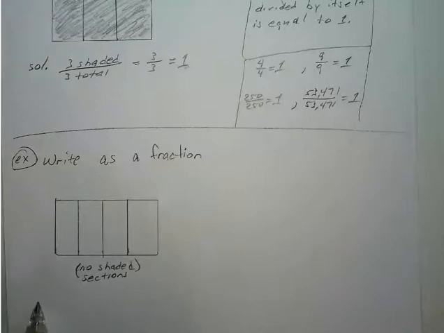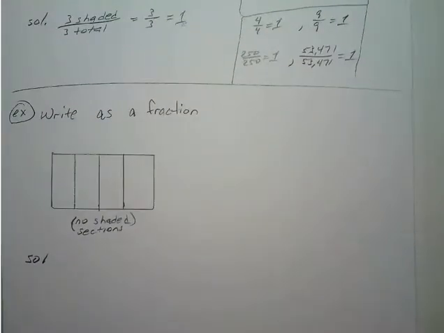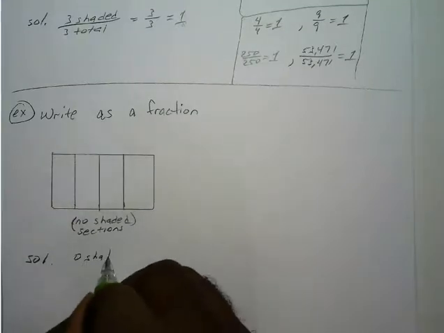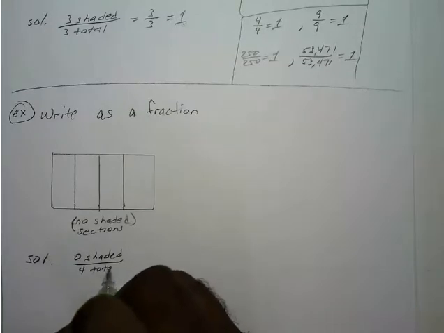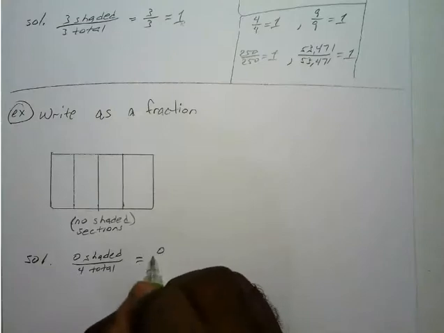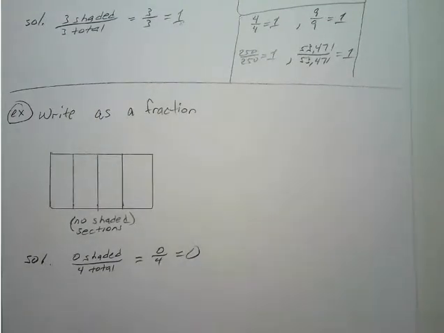Alright, so you move this up a little. You have 0 shaded sections over 4 total sections. And that would just be 0/4, which is just 0.